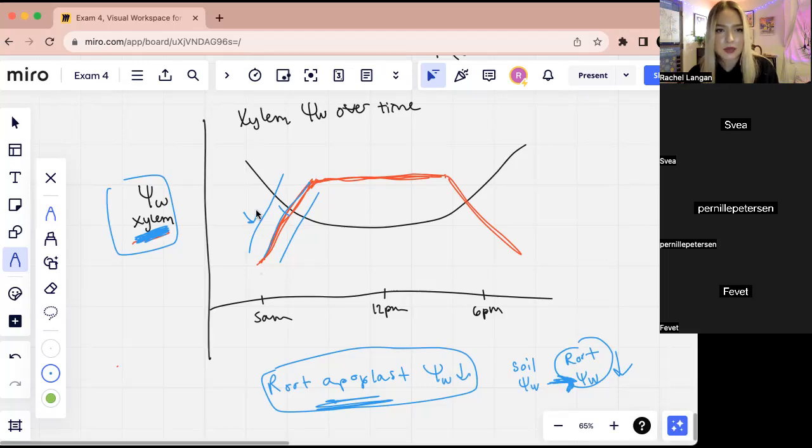So I know it can't be larger. If it was exactly the same rate in and out, then you actually wouldn't get a change in the xylem water potential, right? The only way it can become more negative is if there's more tension, more pull from the top. So then I can conclude that it has to be also increasing, but it has to be below the transpiration rate.